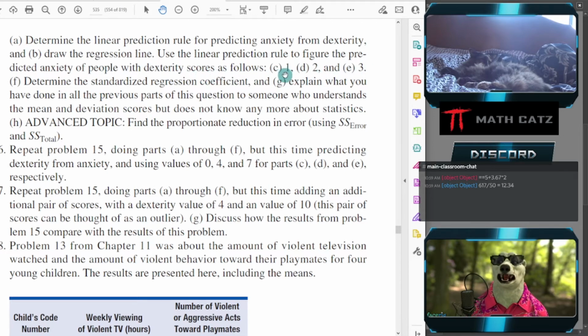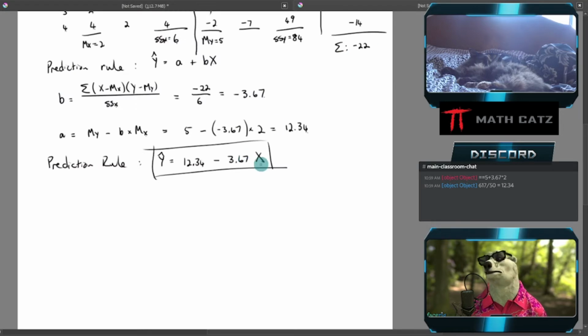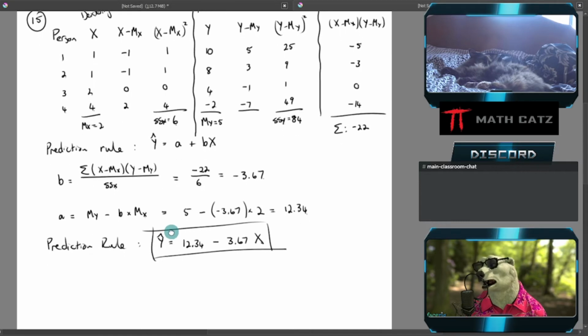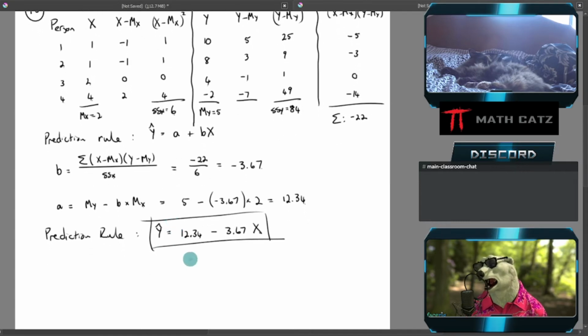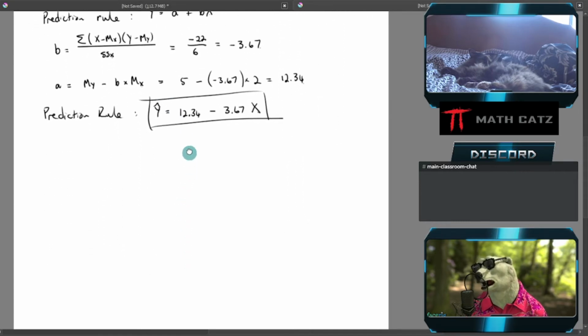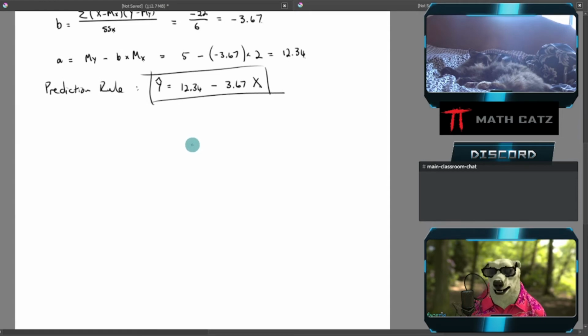We plug it into this prediction rule, plug x in, get a predicted y value, nothing to it. However, I did forget to draw the data points and the line. So let's quickly do that. We'll squeeze it in maybe on the side here.